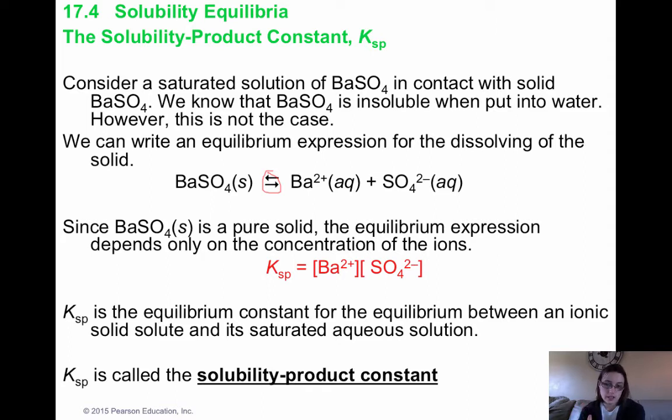The larger the Ksp, the more soluble it is in solution. The smaller the Ksp, the less soluble it is. If you're looking at 2 times 10 to the negative second and 2 times 10 to the negative 12th, the Ksp of 2 times 10 to the negative second is bigger, so that's going to be more soluble than the solute that is 2 times 10 to the negative 12.